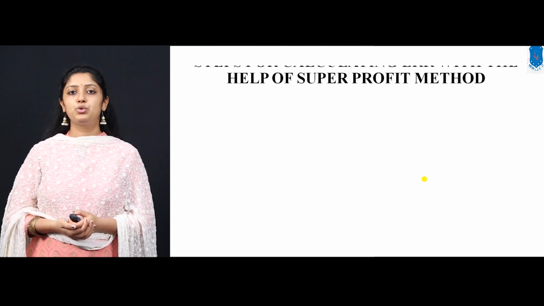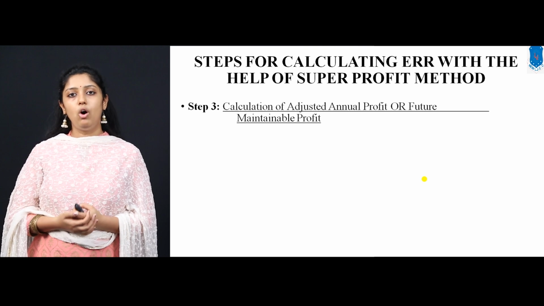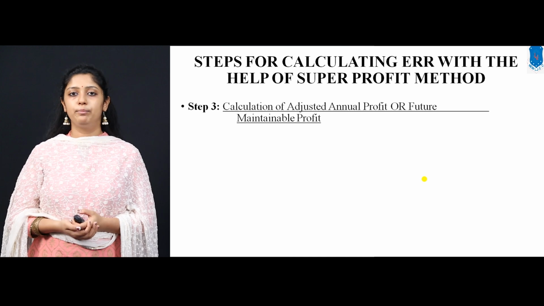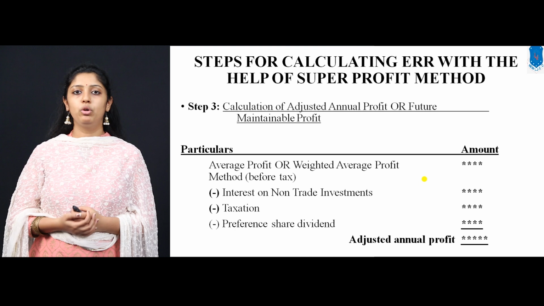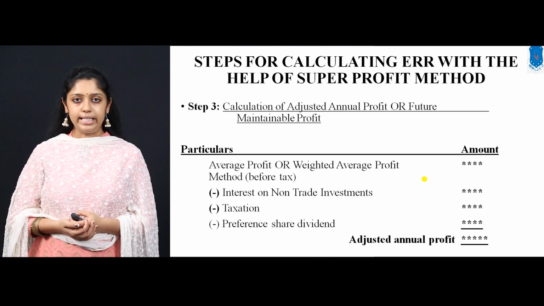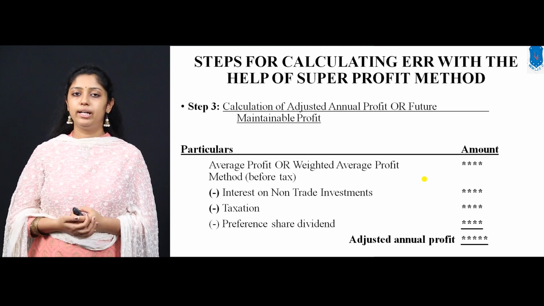Step number 3 is to find out the amount of adjusted annual profit or future maintainable profit. We'll prepare two columns, starting with average or weighted average, that is before tax. After that we will deduct interest on NTI minus tax and lastly preference share dividend.